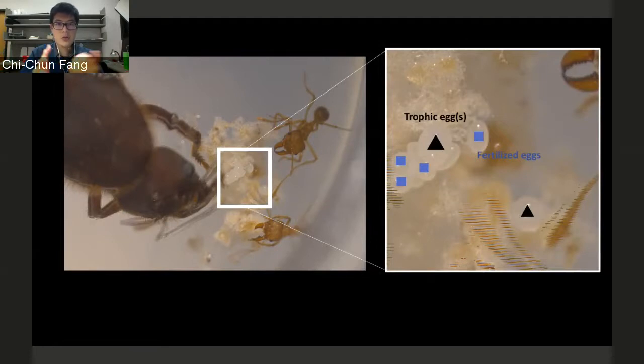For the mature gardens that we have, 4 or 5 years old, those queens only lay fertilized eggs. So only during the founding stage, when they start to establish the fungus garden, you can see those trophic eggs.